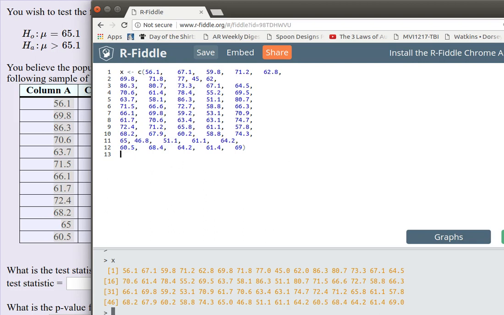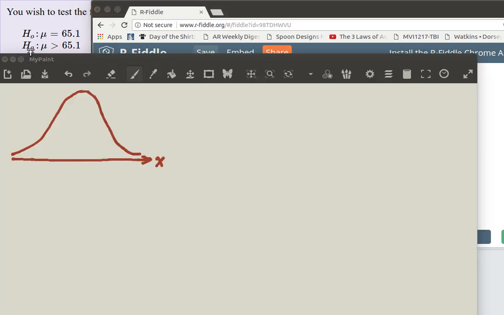Now let's pause for a minute and just remind ourselves what we need to do a hypothesis test. So we're talking about some distribution. It would be really nice if this distribution was normally distributed.